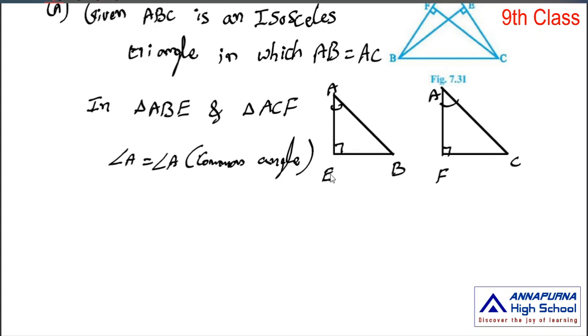Angle AEB is equal to 90 degrees and angle AFC is equal to 90 degrees.